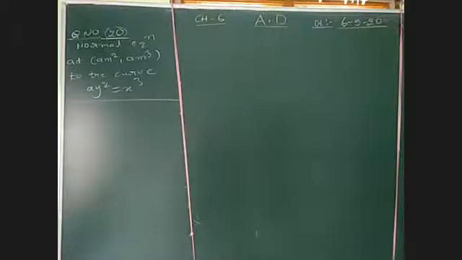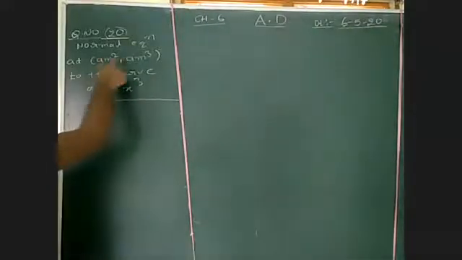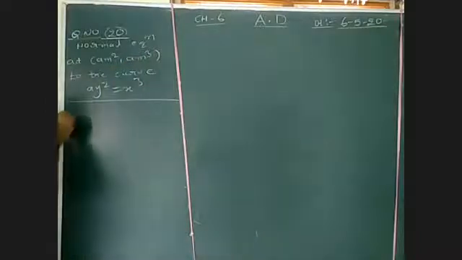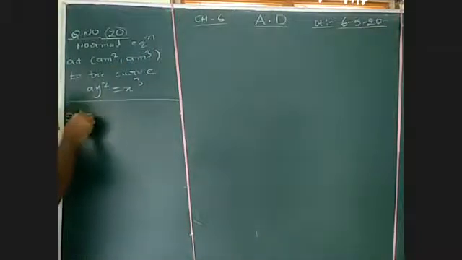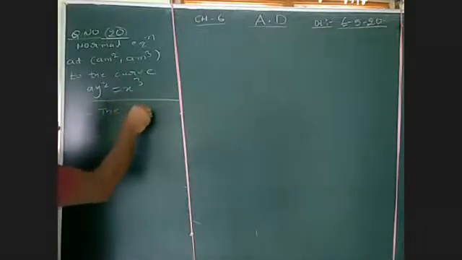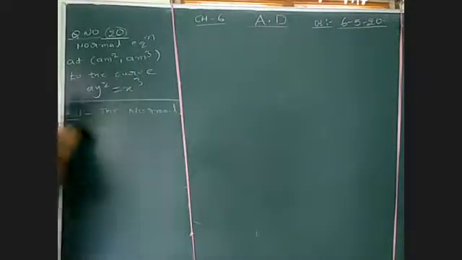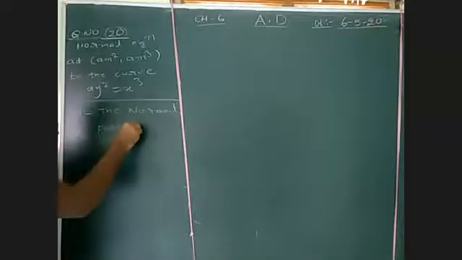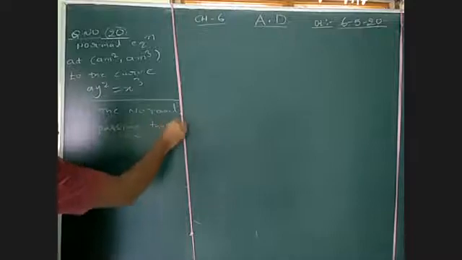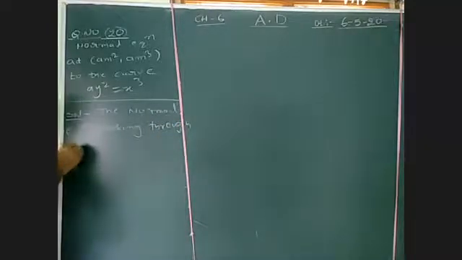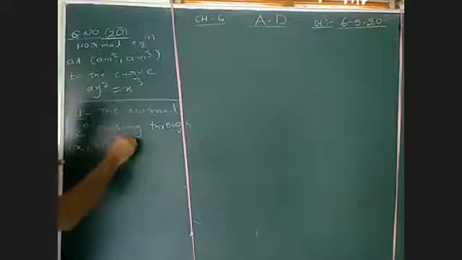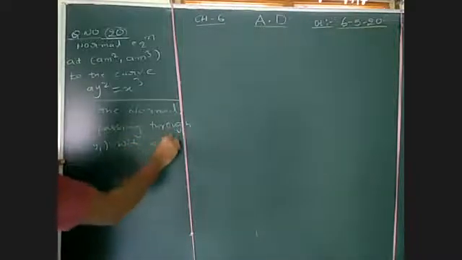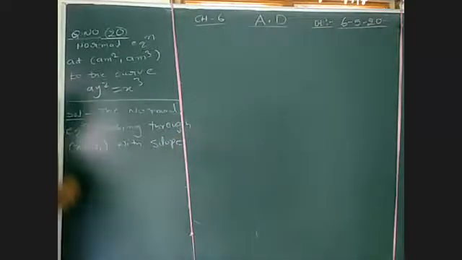Okay, first find the slope of tangent, then find the slope of normal. The point is already given. So here the formula is: the normal equation passing through x1, y1 with slope m.